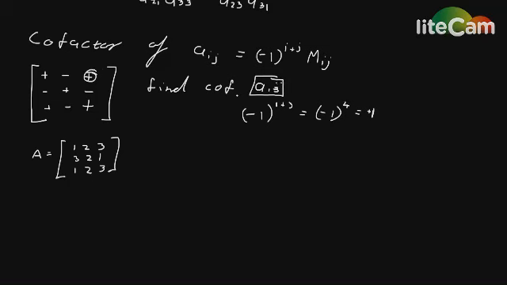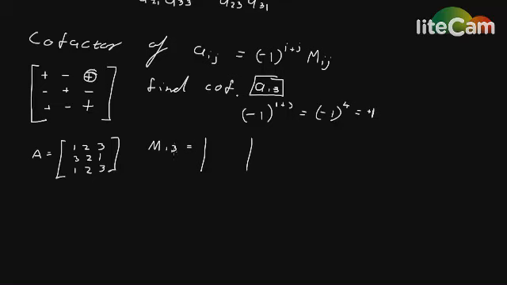We need to find the minor of A13, so we're going to delete row 1 and column 3 and get the determinant of what is left.